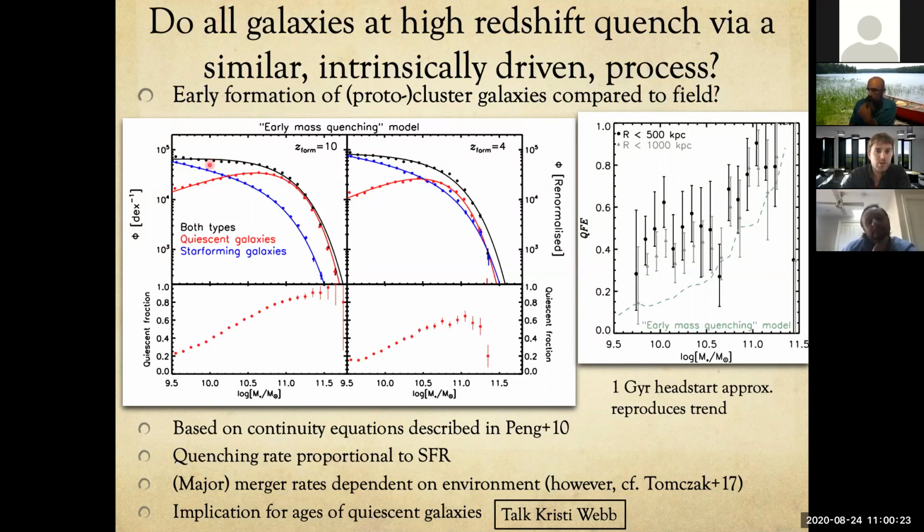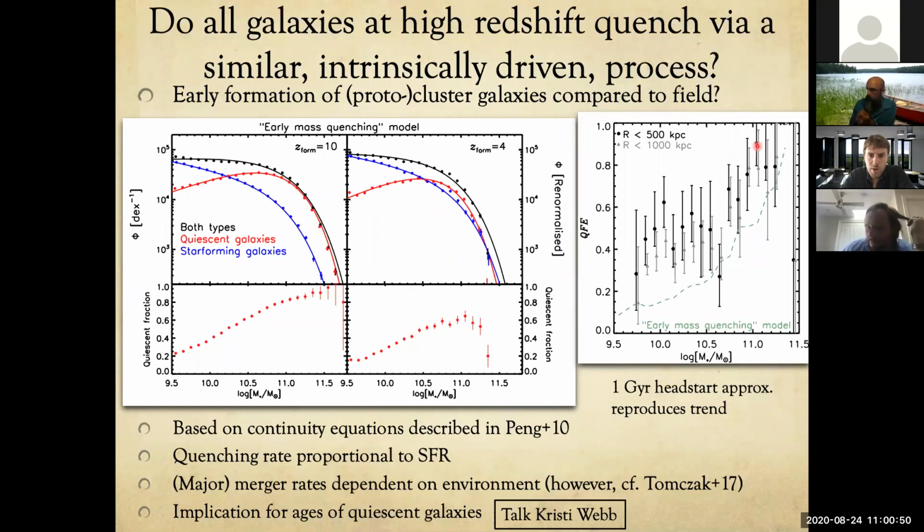So basically you start forming galaxies earlier, and therefore by the time you observe them, which is in this instance redshift 1.2, the GOGREEN redshift, you would have a higher quenched fraction because you started earlier than when you start, say, at redshift 4. So there's only a 1 gigayear delay here in the start of galaxy formation, but you can already have a much higher quenched fraction in the left panel than in the right panel.